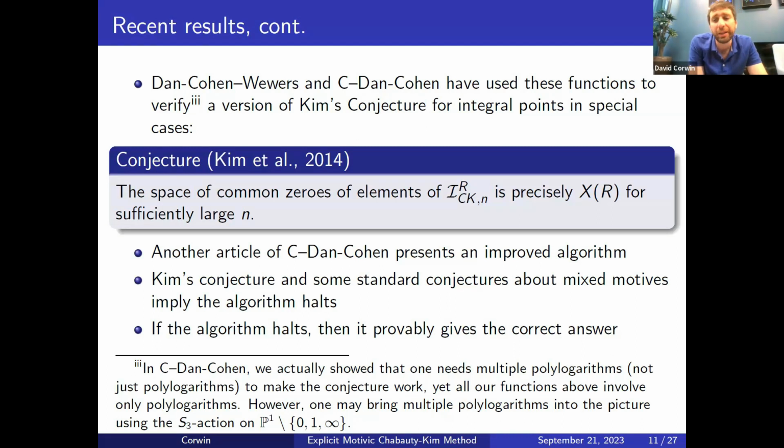I'll say a little bit later what form of Bloch-Kato conjectures you need. In fact, you only need the cases where the corresponding Chow groups are zero for trivial reasons, but the conjecture is nontrivial. Anyway, the Bloch-Kato stuff is a generalization of Sha being finite. You could think of it that way.